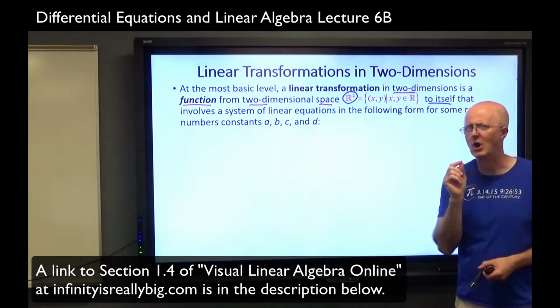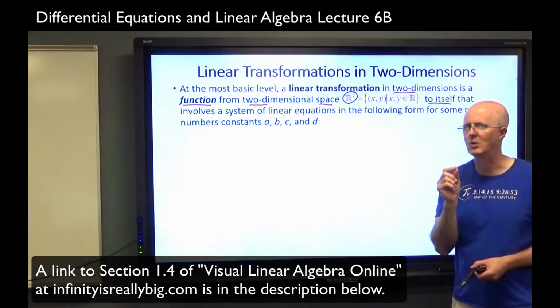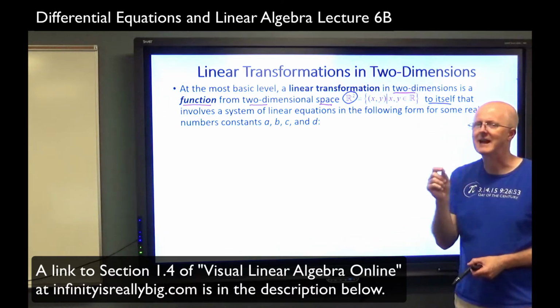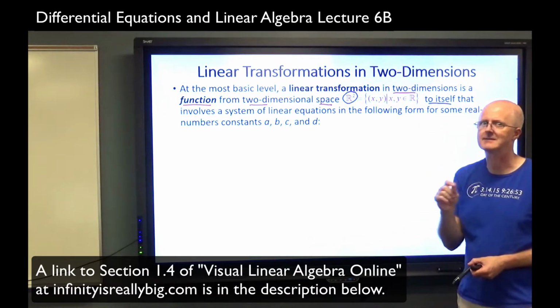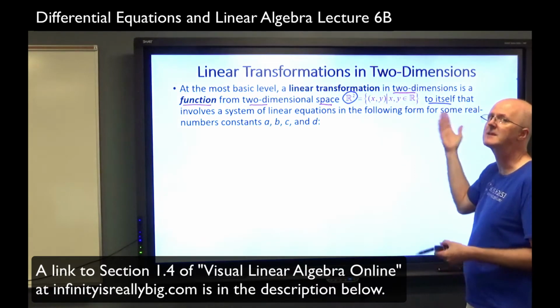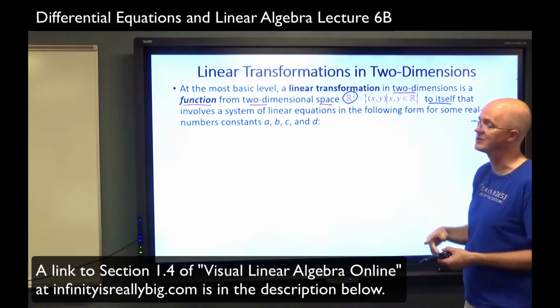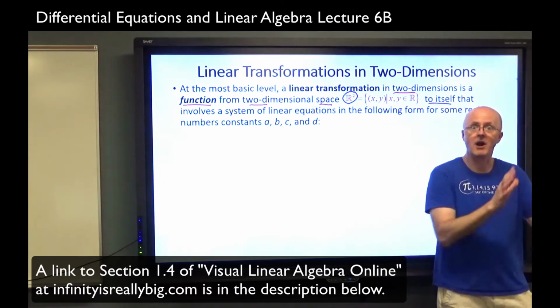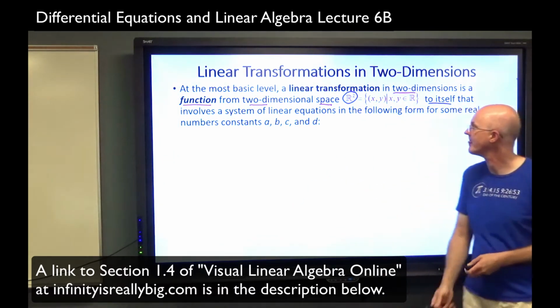I'm going to use that word codomain instead of the word range, because the word range is, well, it's kind of ambiguous. It means different things to different people. So I'm going to call it the codomain, the target space, 2-dimensional space. The inputs are all of 2-dimensional space, and the outputs are in 2-dimensional space.